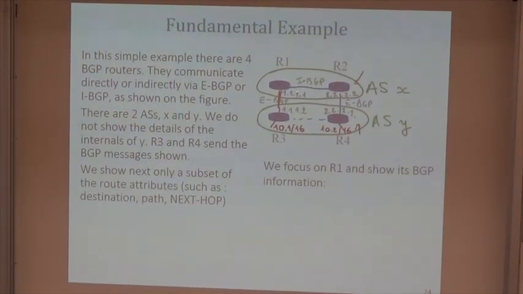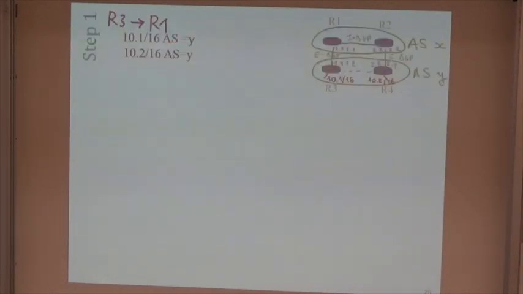I assume there's only 2 routers, and those 2 routers are constituting a BGP mesh with only 2 of them here. Right? And I'm focusing on this domain here. We focus, in fact, on R1 and show its BGP information.